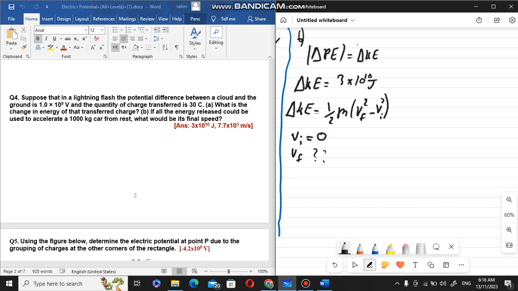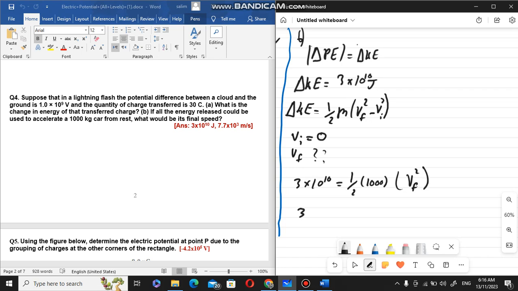So we say that delta KE, which is 3 times 10 power 10, is equal to half multiplied by the mass, which is 1000 kilograms, multiplied by V final squared minus 0, which we don't need to plug in.